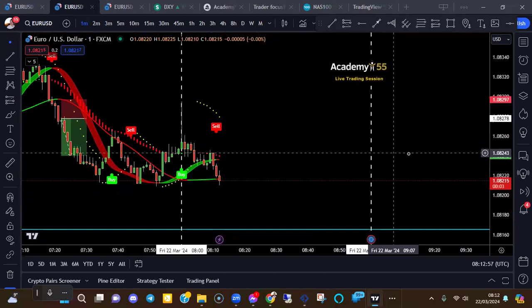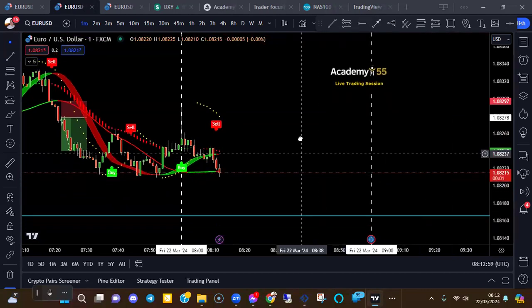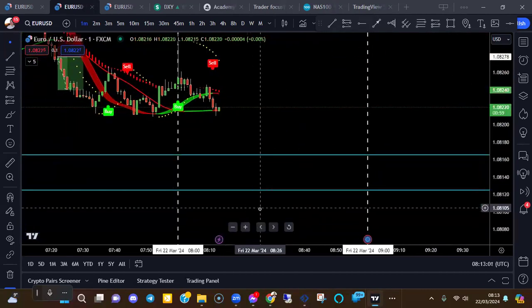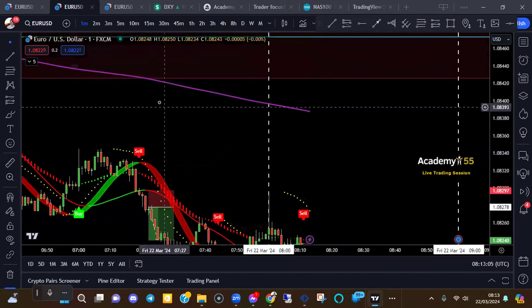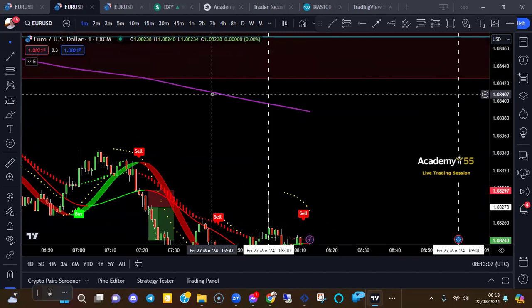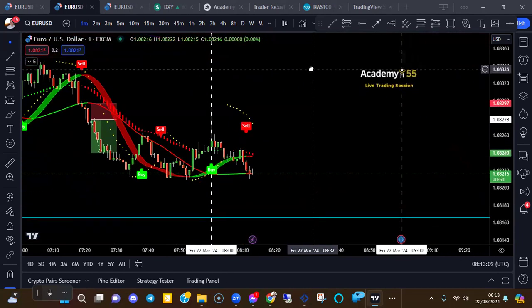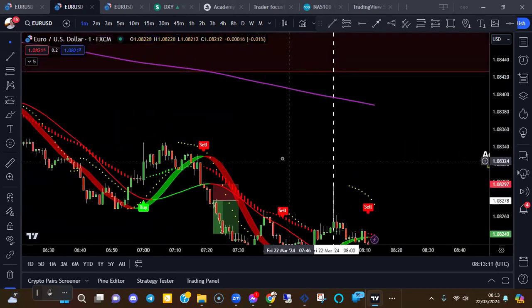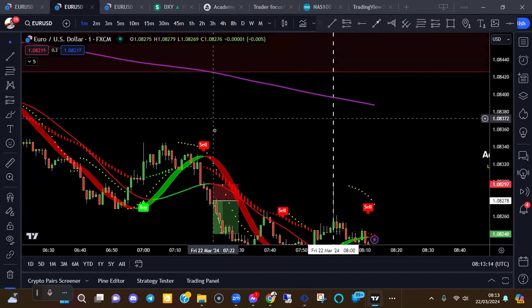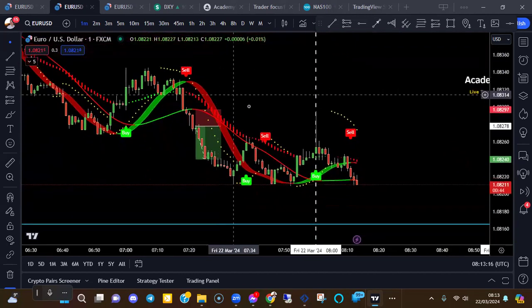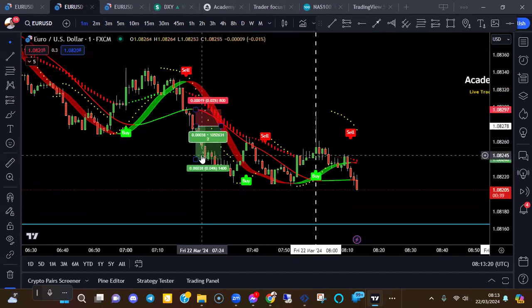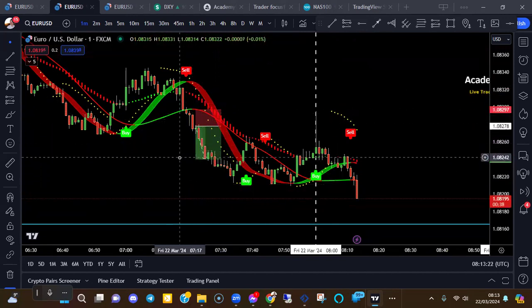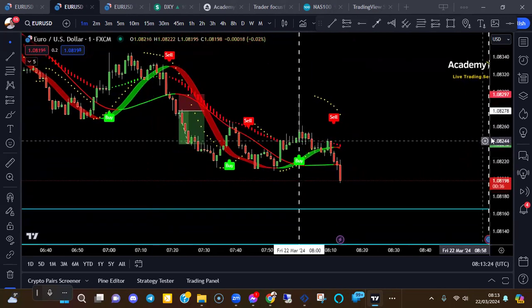So I'm going to paper trade this because I'm not too happy with all these points of interest that I know, and the fact we're already in a deep sell because we're so far away from the purple line. Here it's not so far, so that would have been a lot better scenario. But down here, we've already had a deep sell, and luckily you would have got a 2-to-1.